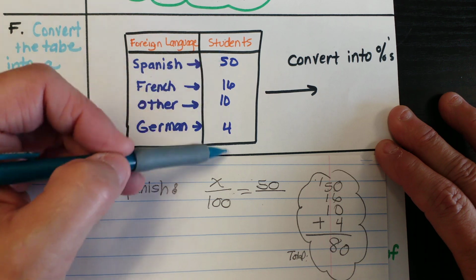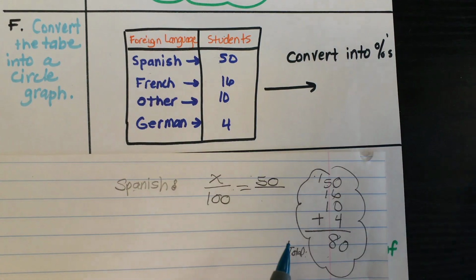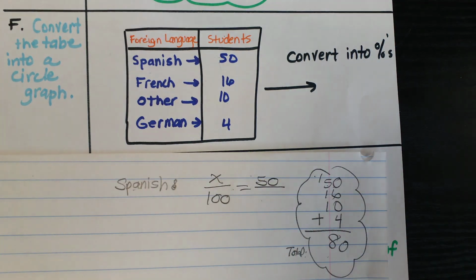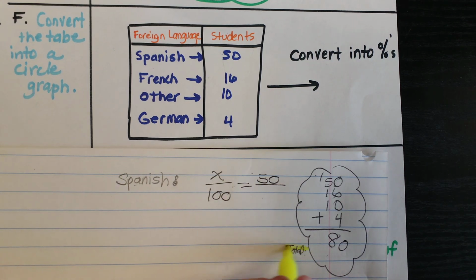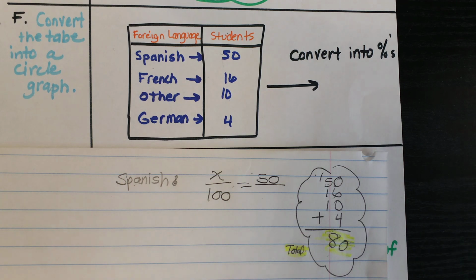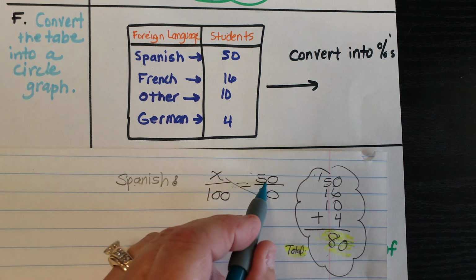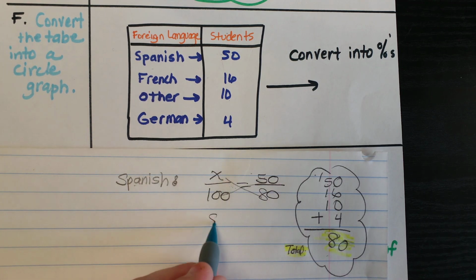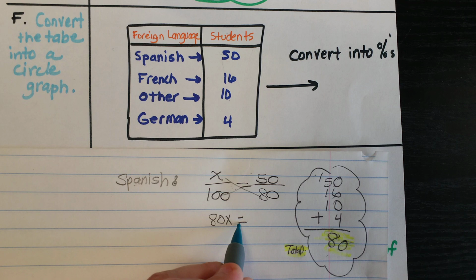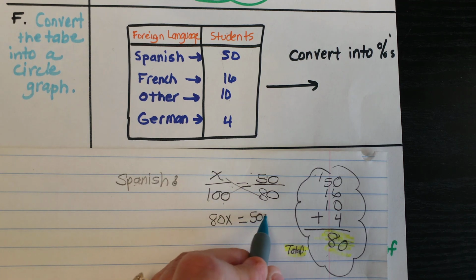So 50 out of the 80 total, and I think that total is important enough, I'm going to have you highlight this total in your notes. So there's 50 out of 80 that take Spanish. Now, to get my percentage, we're going to cross multiply. 80 times X is 80X. 100 times 50 is 5,000.